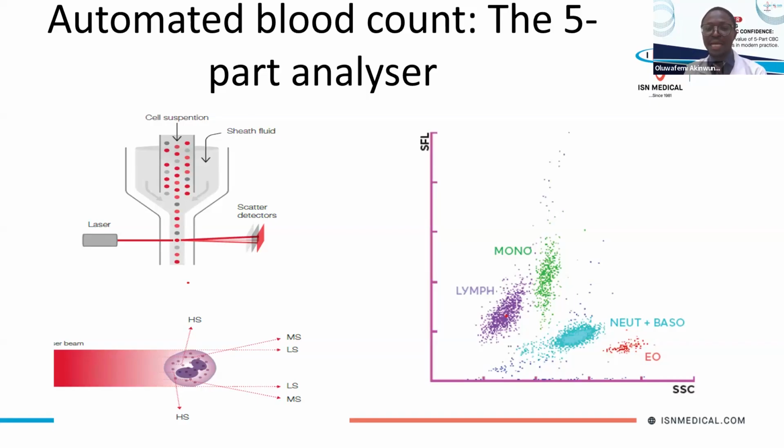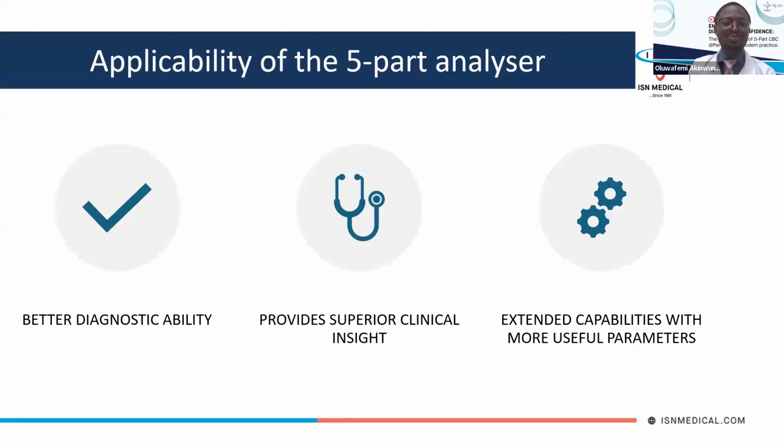Now we have more advanced systems, especially when you talk about flow cytometry, in which you can actually separate these cell components. So if you want to harvest all the neutrophils, you can do that. If you want to harvest all the lymphocytes, you can harvest all the lymphocytes, but that's for another presentation.